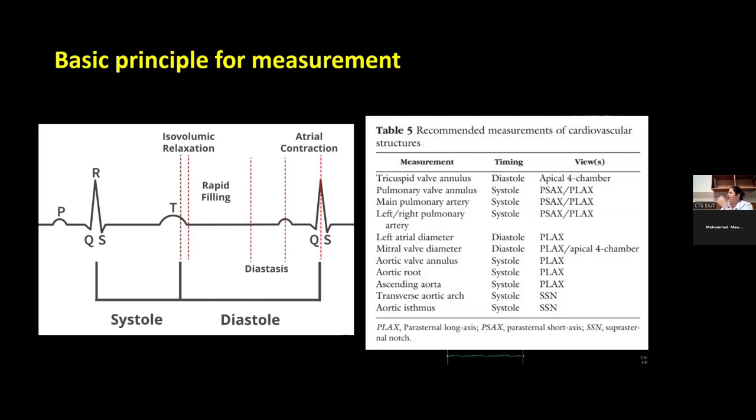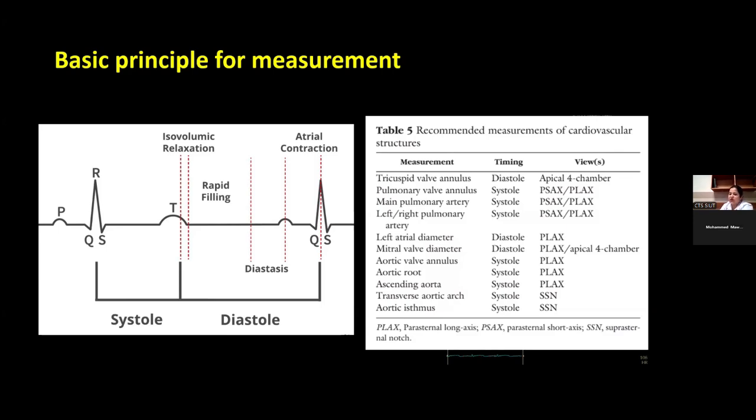When to measure what: we have different valves, tricuspid valve, mitral valve, and the outflow views, like the pulmonary valve and aortic valve. The basic rule is, whenever you have to measure, use the ECG lead, and you open the mitral or tricuspid valve and measure these valves, in diastole.